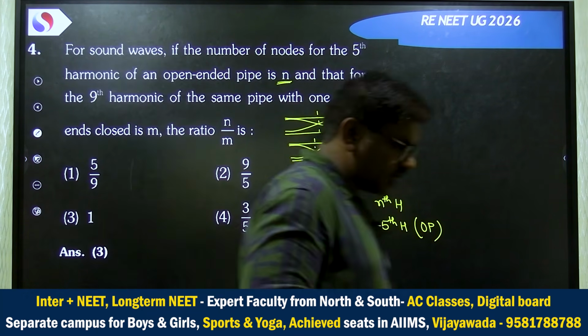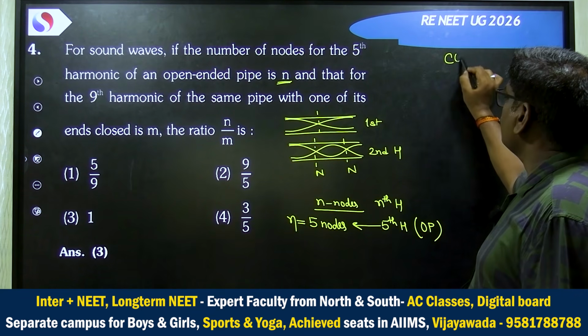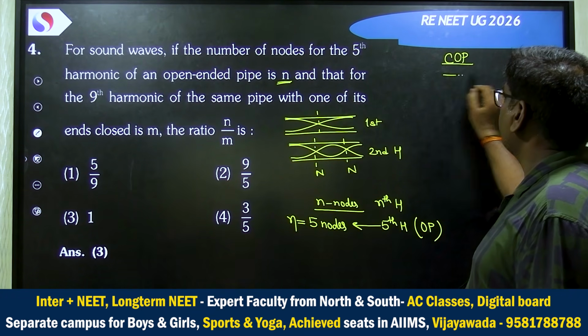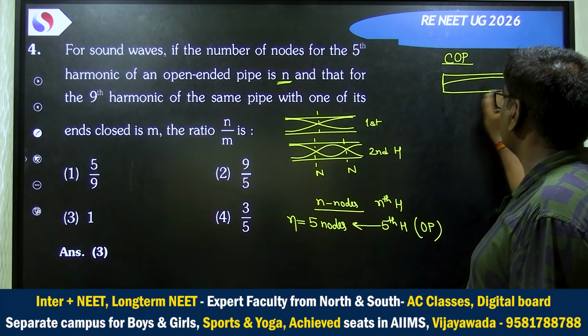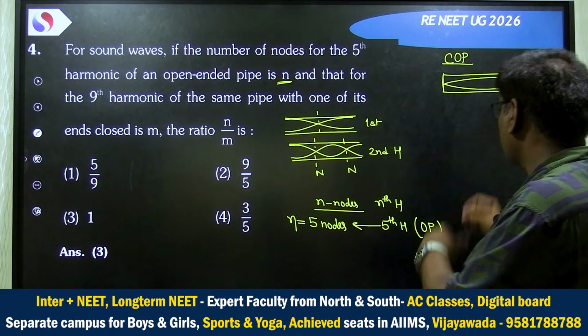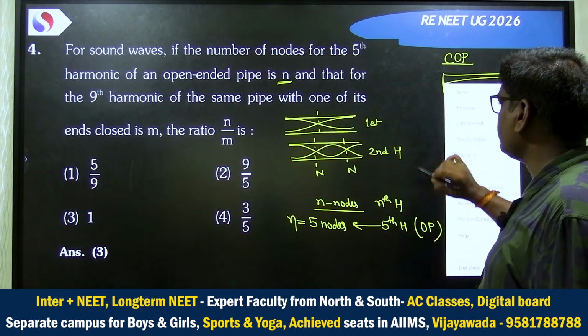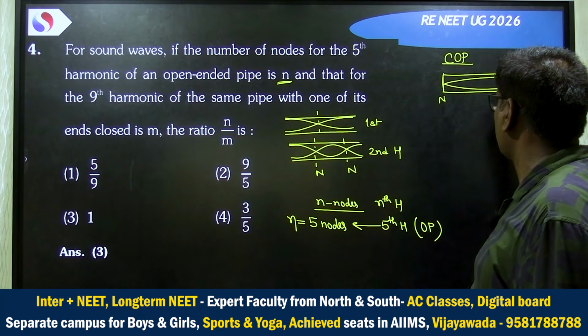Now let's move to the closed organ pipe. What about the closed organ pipe? If I make a fundamental, this is my fundamental. The open end is an anti-node, and the closed end is a node, right? This is the node, this is the anti-node.